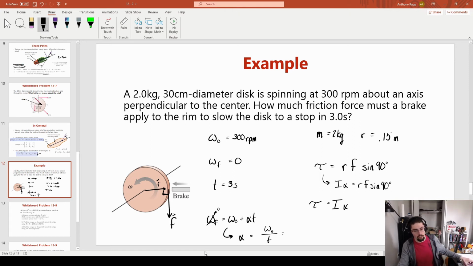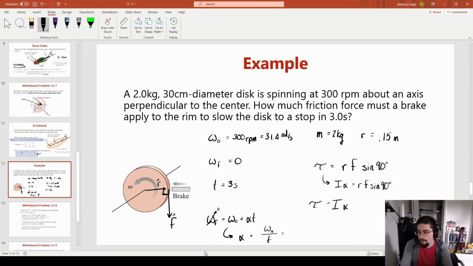And let me go ahead and actually calculate some of these numbers here. So if I'm looking at this thing, I would say my 300 RPM, I want to convert that first, of course, into radians per second. 300 RPM is going to be 31.4 radians per second.